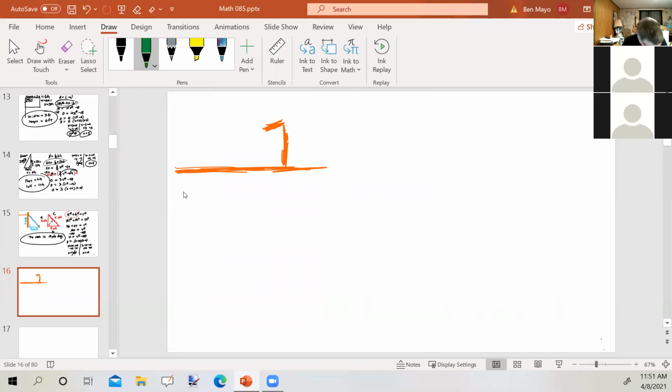You can see why I don't teach art class. Let's see, that actually needs to be down on the ground, doesn't it there? Okay. And what else have we got? Let's see. We know that this is a right angle. I'm going to label some things here and then I'll walk you through it.